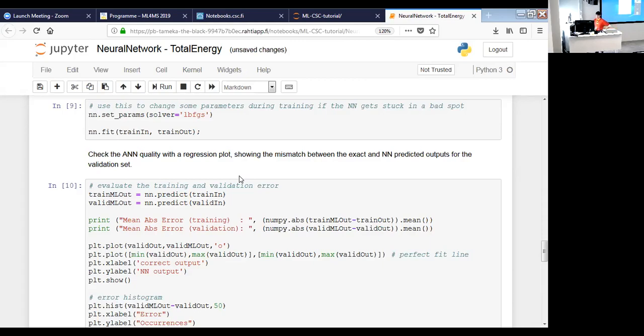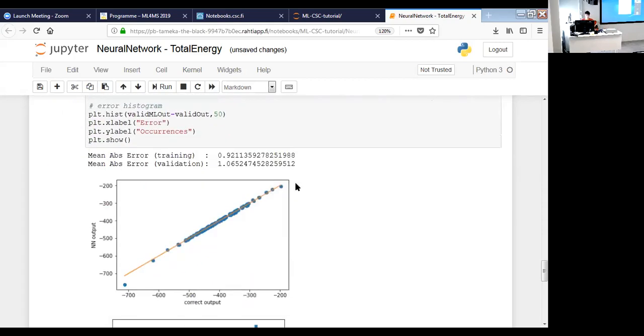All right. Looks quite better, right? No? Are you not deriving happiness from this regression plot?